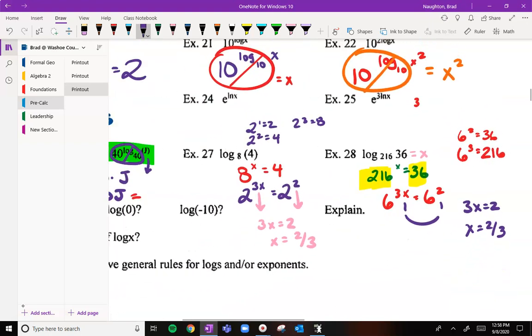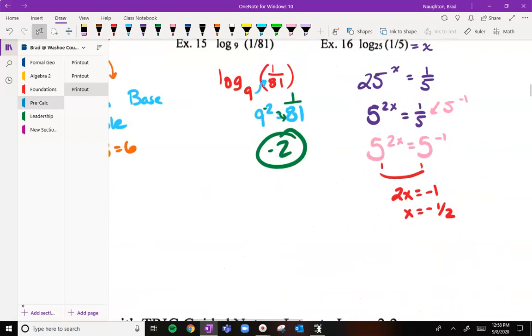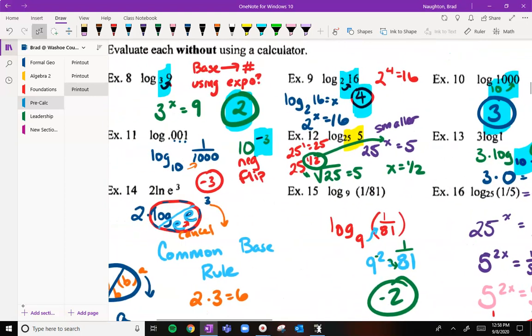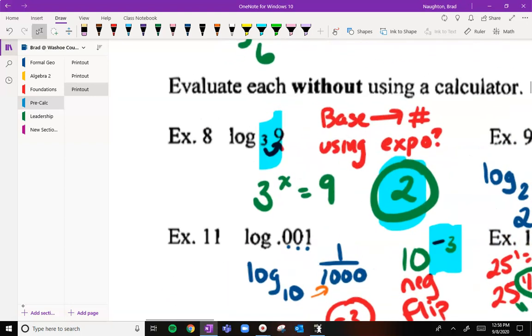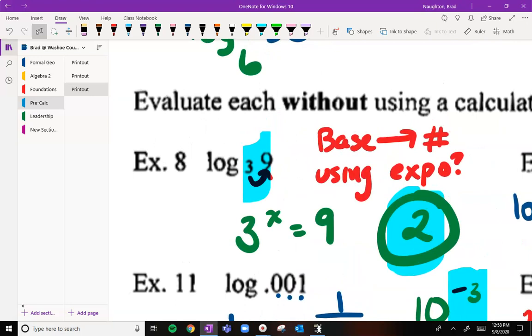Okay? But what I do want to go back is I kind of want to just say, hey, we did all these in a bunch of different ways. And as you're looking at all this, you're like, I am so confused. The best way to do these log problems is to seriously practice and decide which way works for you. So we started with this first one saying, how do I go from 3 to 9, right? Using exponents. That's how we got our 2, because 3 squared is 9. Okay?